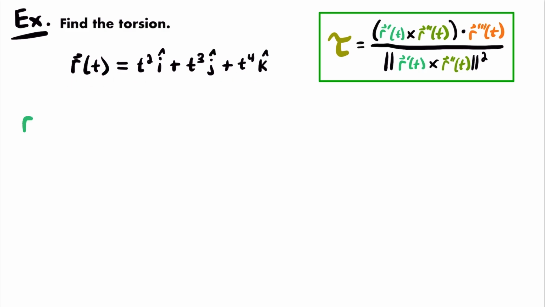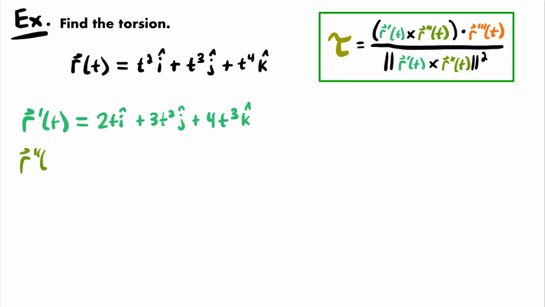Okay, so we're going to start by finding the first, second, and third derivatives of our vector function. The first derivative, r prime of t, is the derivative of these components, where we just need to use the power rule a couple times. We'll get 2t i plus 3t squared j plus 4t cubed k. Now the second derivative, r double prime of t, is equal to 2i plus 6t j plus 12t squared k.